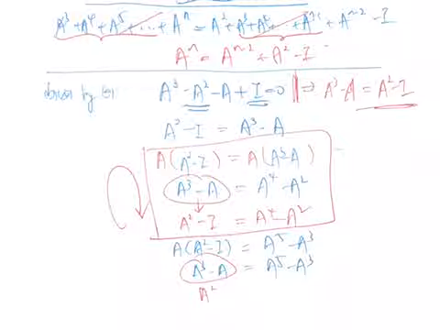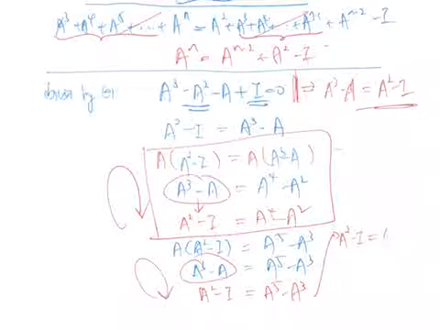So it becomes A squared minus I. Okay, now we repeat it again until the left hand side is always A squared minus I, and the right hand side changes to A to the power n minus A to the power n minus 2, they differ by 2. So we arrange, we have the answer: A to the power n is A to the power n minus 2 plus A squared minus I.